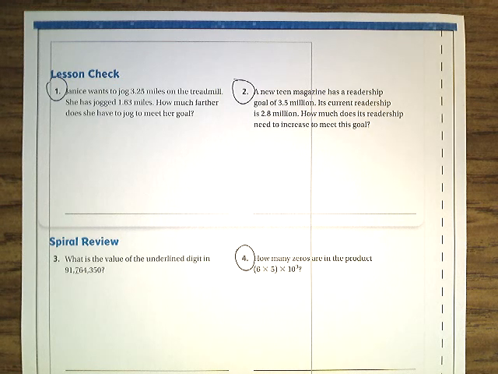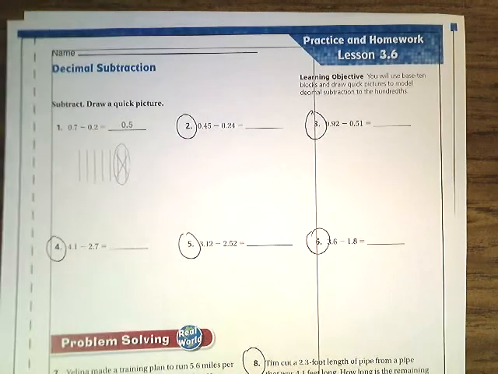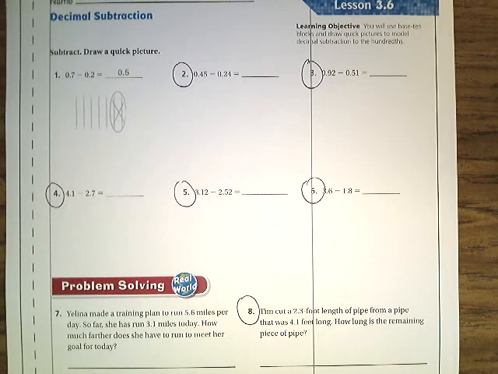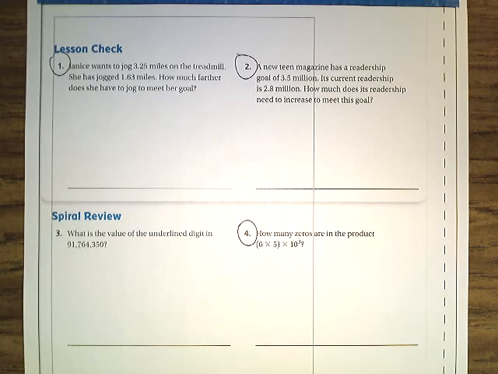On page 185, you're working on 2, 3, 4, 5, 6, and 8. Then on page 186, you're working on 1, 2, and 4.